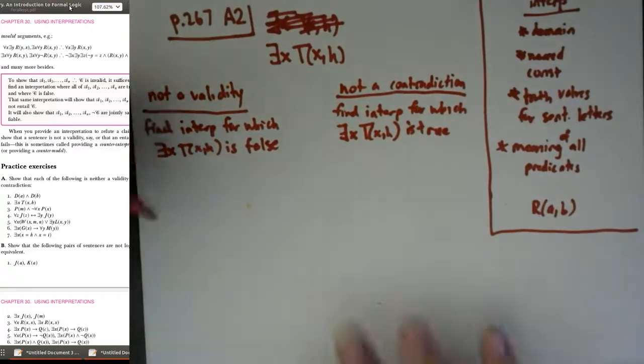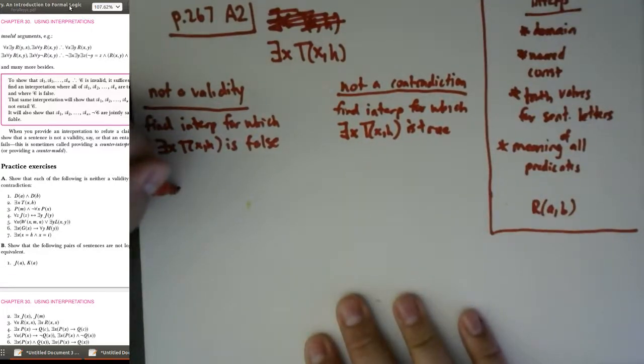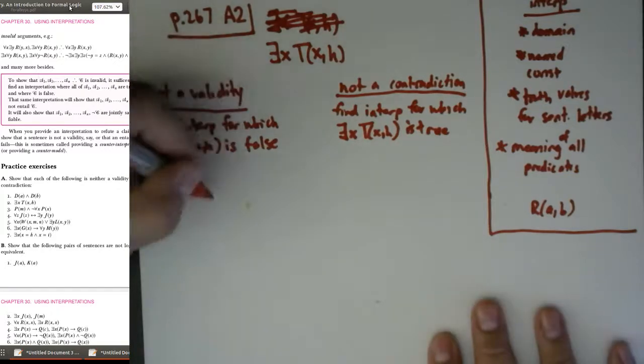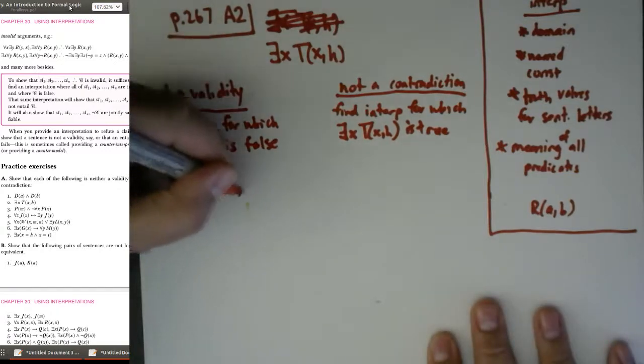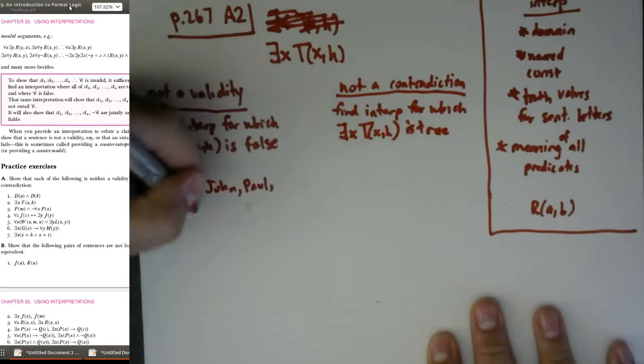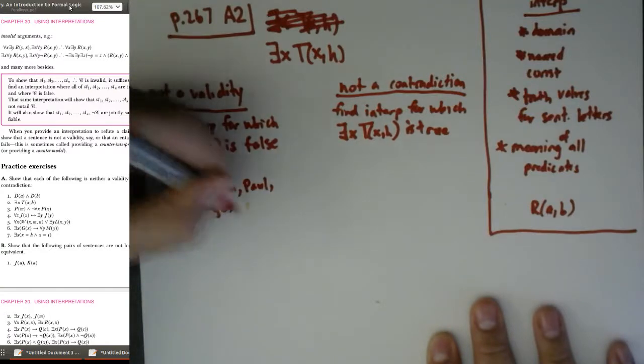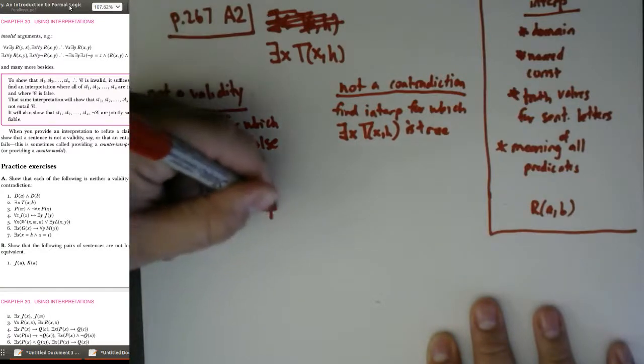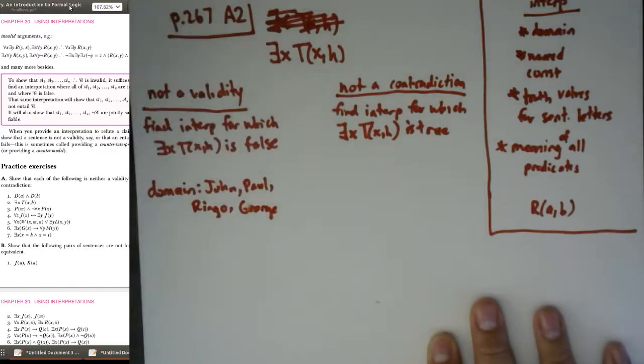So, okay, let's find an interpretation where this thing is false. So maybe my domain, I don't know, let's make it the Beatles. John, Paul, Ringo, George. And okay, that's my domain, and it says there exists x T x H, and that thing needs to be false.